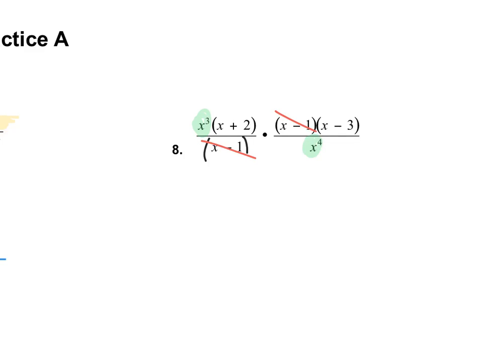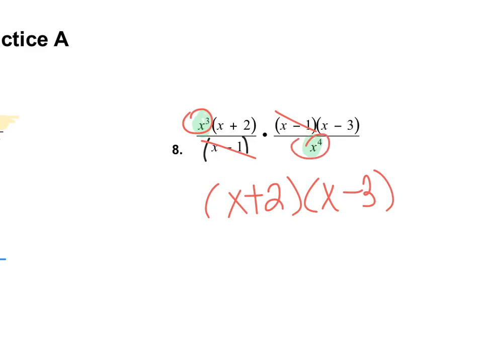If we simplify our x to the third and x to the fourth, that's going to leave us with an x to the first in the denominator. So we're going to have x plus 2 and x minus 3 in the denominator, and all we're left with when we have x to the third and x to the fourth is x in the denominator.